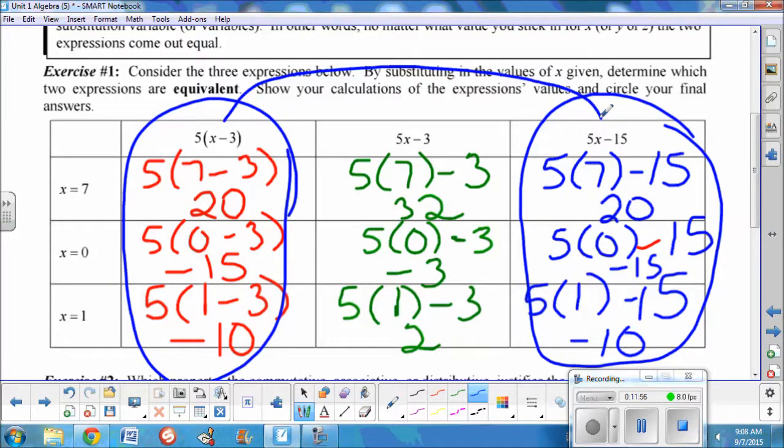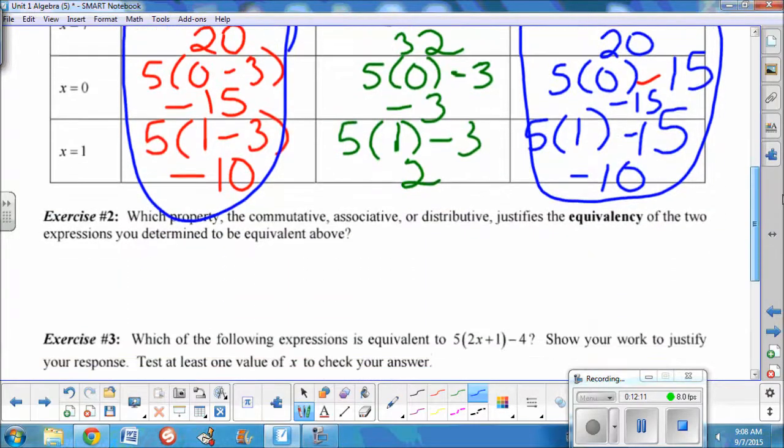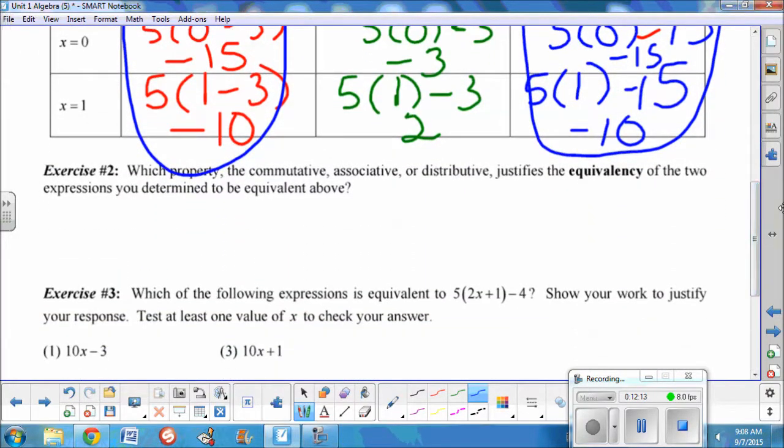What property is being shown there? We've got the distributive property going on. That's why those two columns are equivalent expressions. So I just answered question number 2, didn't even realize it: the distributive property.